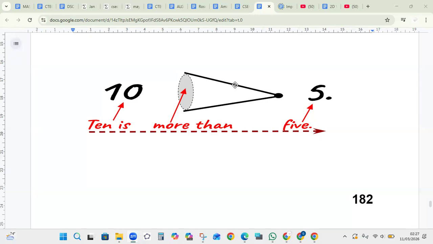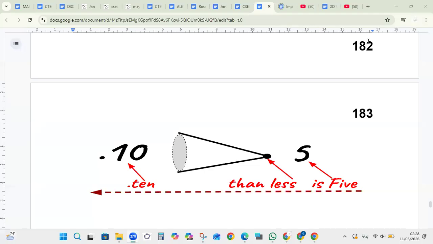Now I'm going to show that in a different way. Since mathematics is a symbolic language, we can read from right to left. In English, when you spell a word, you must spell it from left to right. But mathematics is all about symbols, so we can read from right to left.